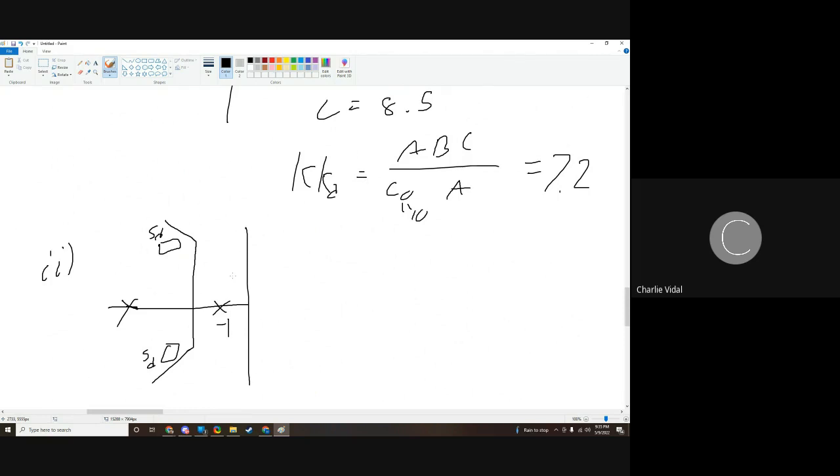That would be 5. This one would be 6, right? Because this is at -1, and this is at -7. Then the distance in between here would be 7 minus 1, which would be 6, divided by 2 is 3.